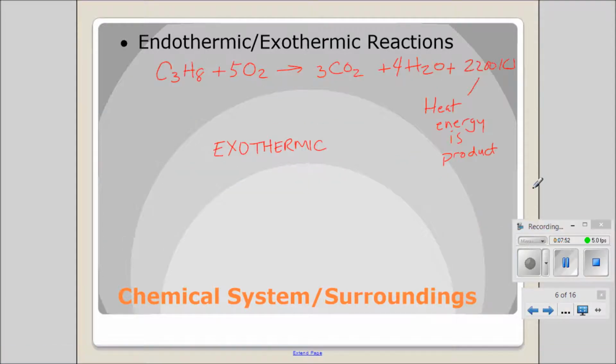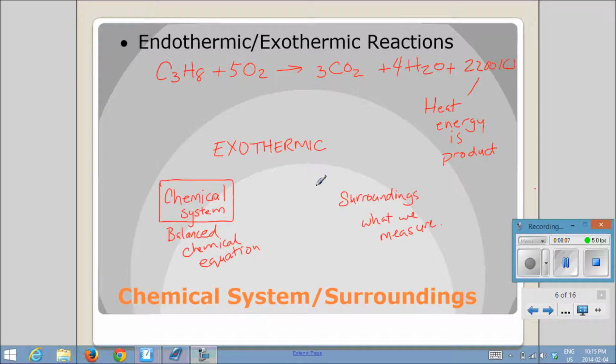So here we have another chemical reaction, burning propane, which is an exothermic reaction where our heat is a product. Let's take a look at this in terms of our chemical system and surroundings. So this is our chemical system. In an exothermic reaction, our chemical system loses potential energy from our reactants.